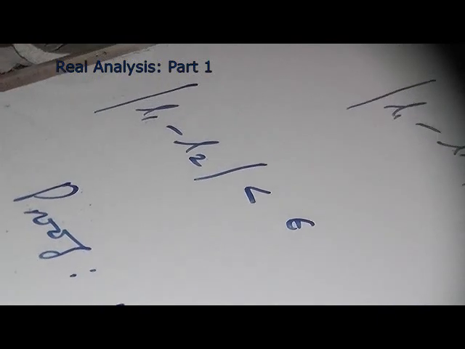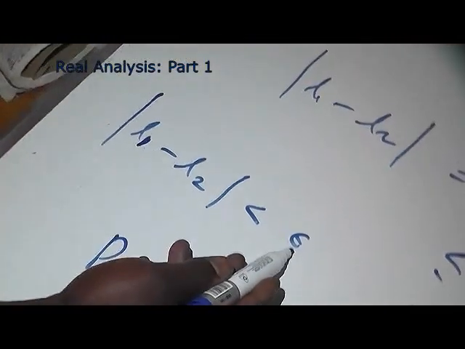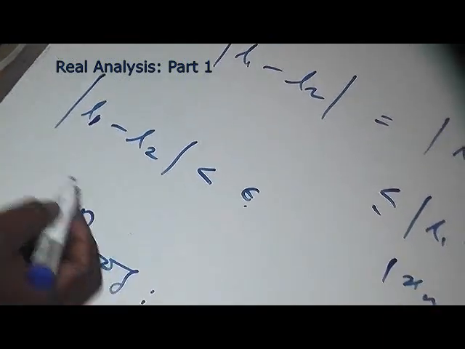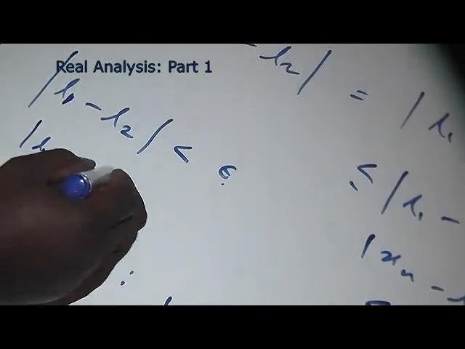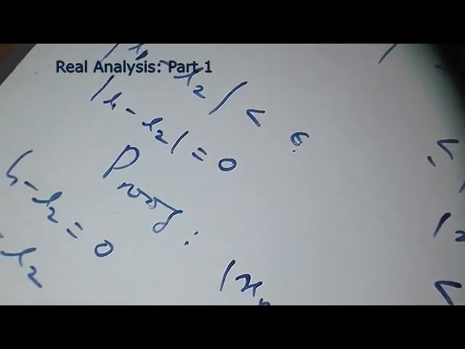What that means is the absolute value of L1 minus L2 is strictly less than epsilon, which means the difference between the two limits is insignificant, or we say the number that is strictly less than epsilon is 0, meaning that L1 minus L2 is 0, which means L1 is equal to L2.